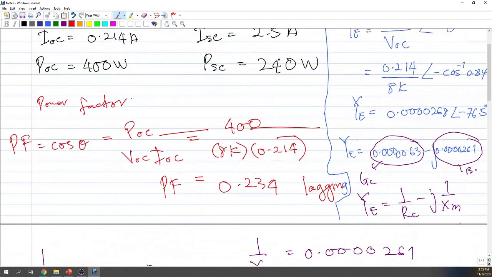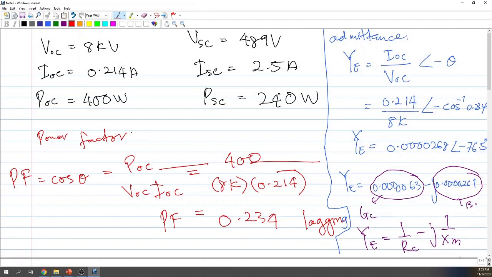Basically macam tu lah untuk transformer, kita nak measure each part. So kita nak measure equivalent resistor, equivalent inductance, and then the excitation parts, RC, XM. Itu antara benda yang penting lah kita nak cari dalam transformer ni.